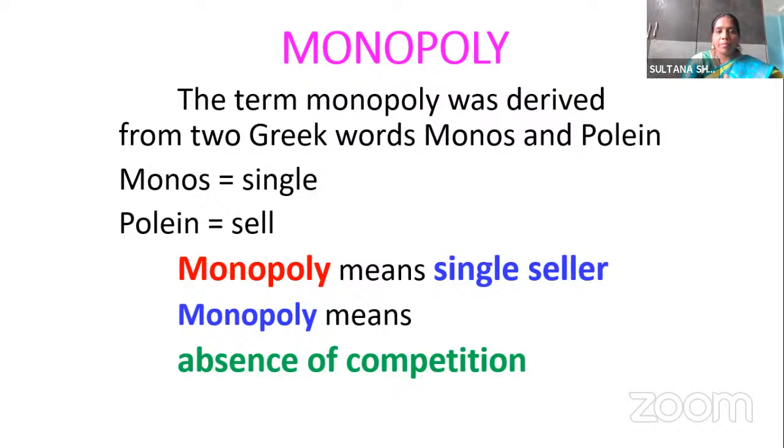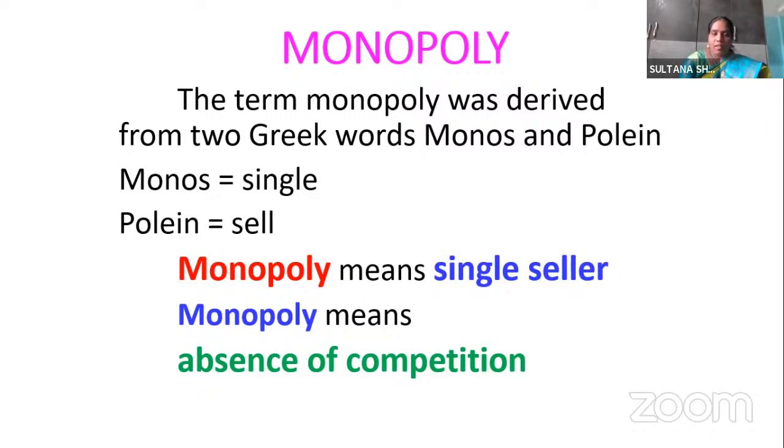The term monopoly was derived from 2 Greek words, monos and polyn. Monos means single.